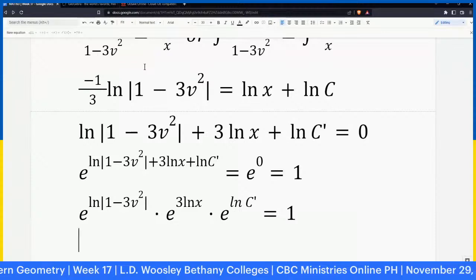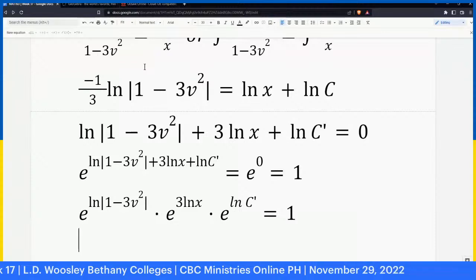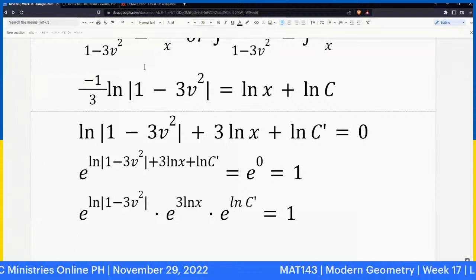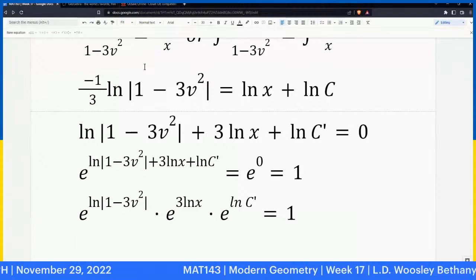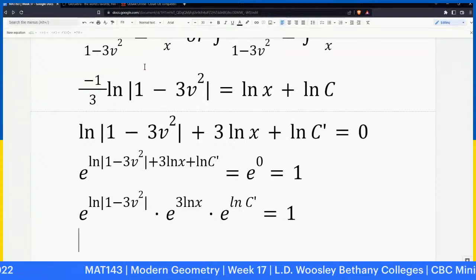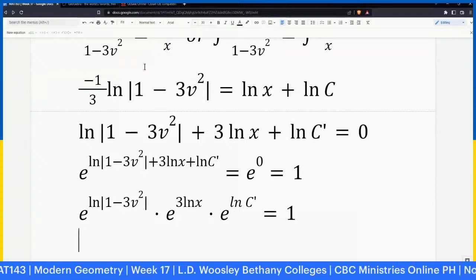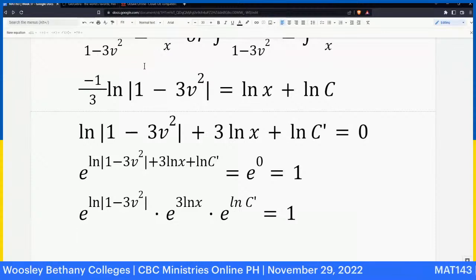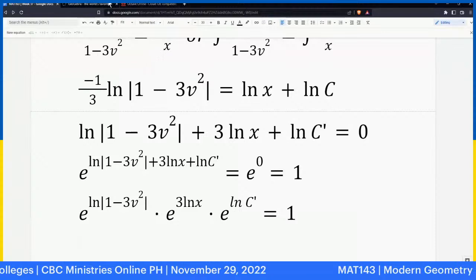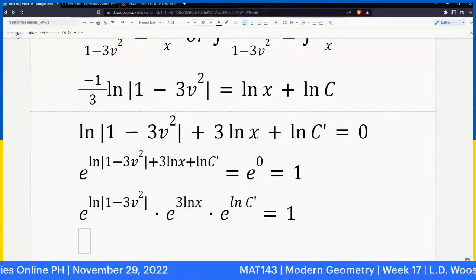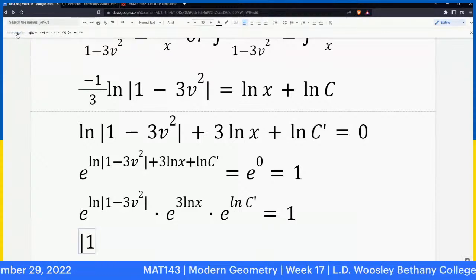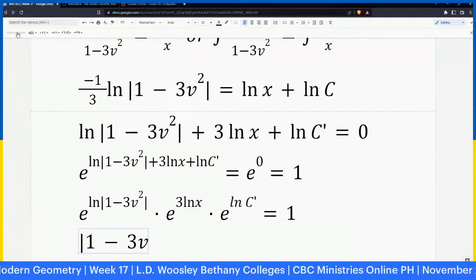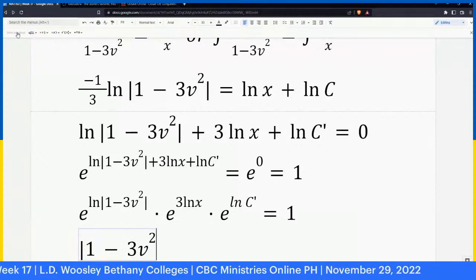What's the answer? Is u. Equal to u lang. So, ito, so 1 minus 3b squared na lang. Magka-cancel lang yung e at ln. Magka-cancel lang yan.